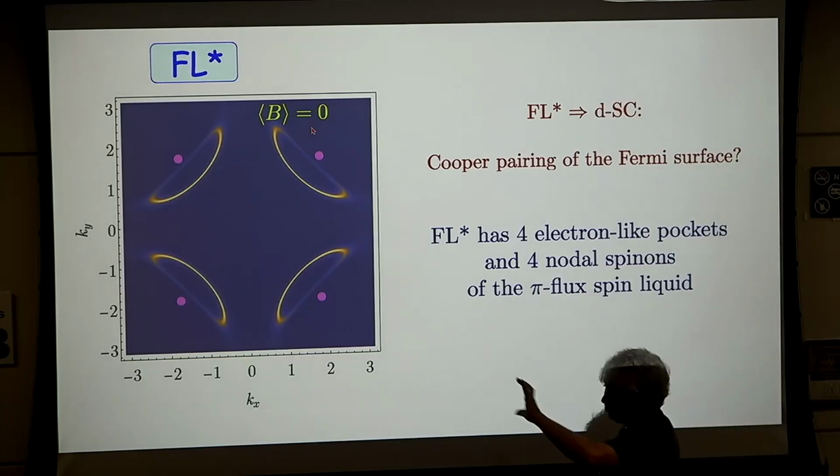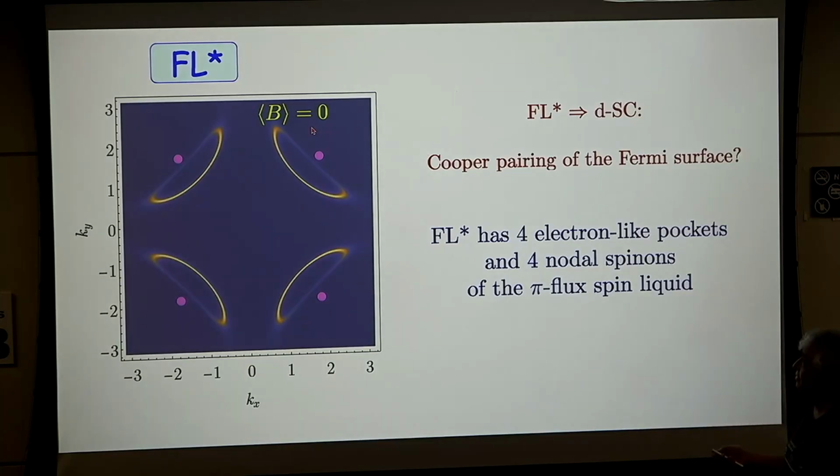I have the Kondo lattice on the top layer, and that gives me this Fermi surface. And then I have the spinons of the bottom layer, and these are the 4 spinons of the bottom layer. So this is the FL* state, which is the 0th order starting point for describing the pseudogap.